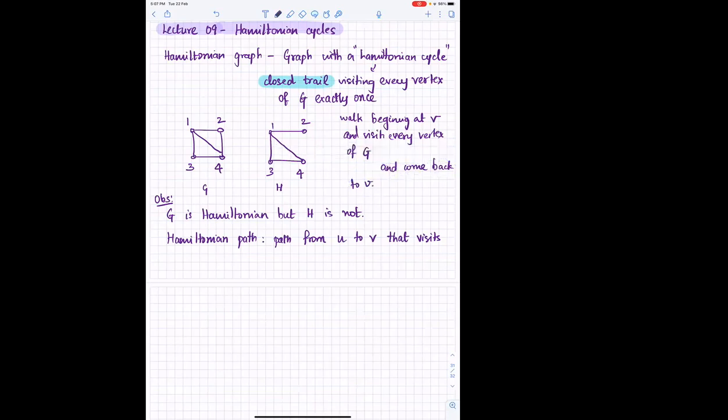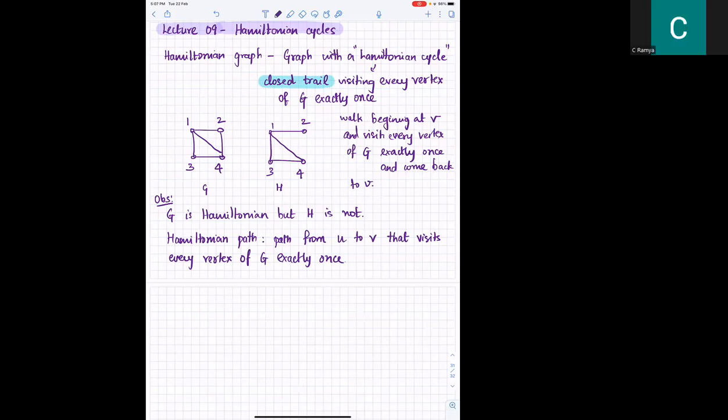It might begin at a vertex and end at a different vertex. It might not be a cycle, but we might still visit every vertex exactly once. Is that clear?